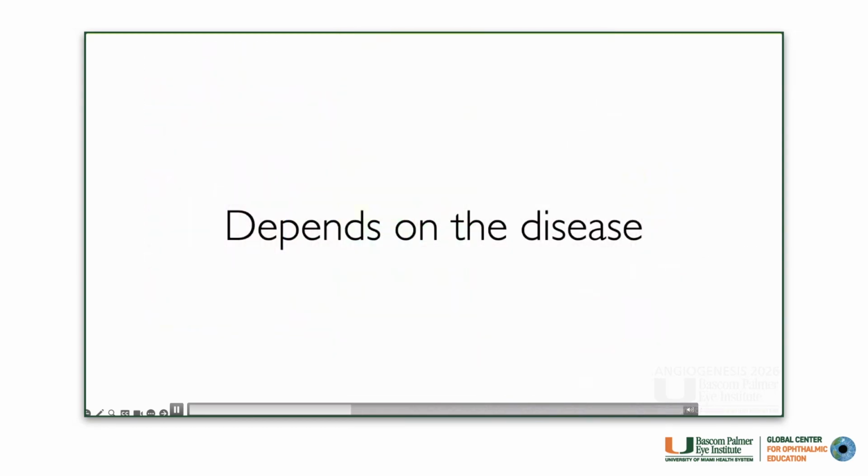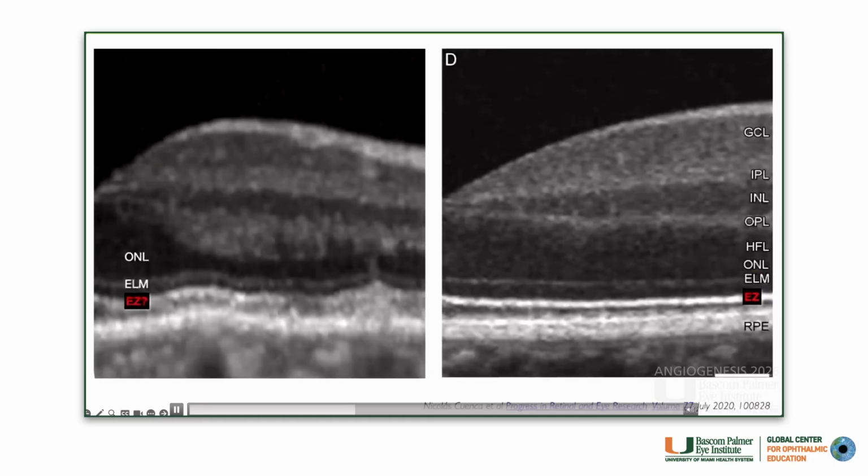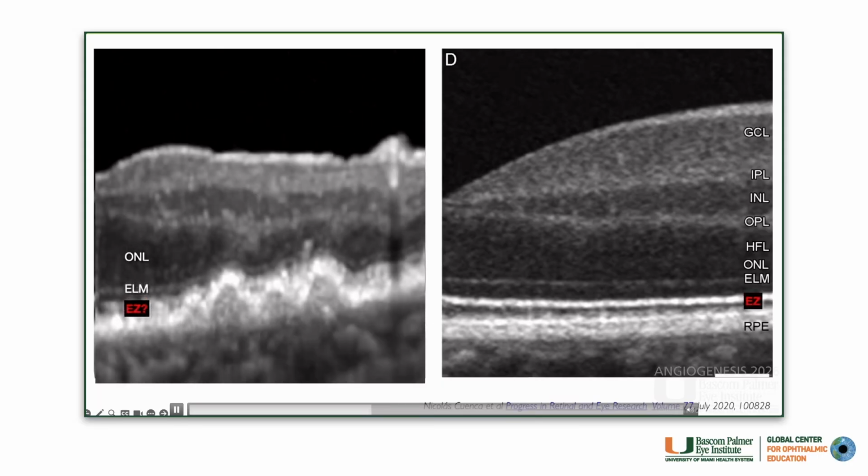First of all, it depends on the disease. And here are just a few examples on the left side, compared with the normal subject OCTs, where you see that the presence of the ellipsoid zone can be a little more difficult to identify, particularly if you have drusen or subretinal drusenoid deposits.